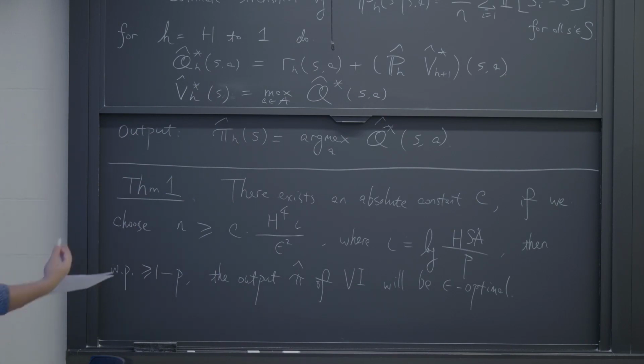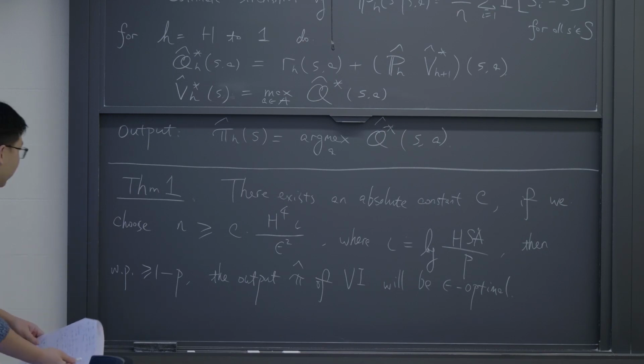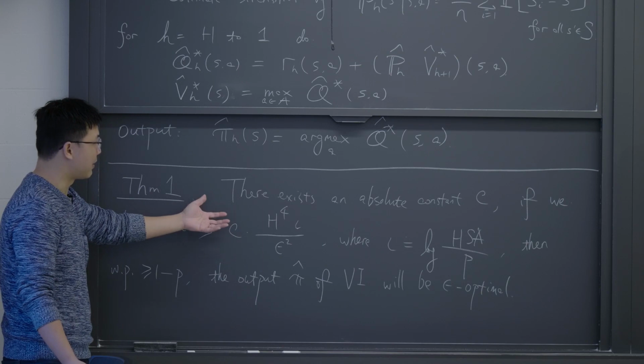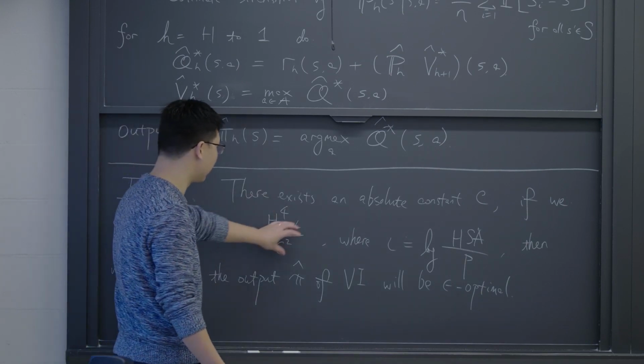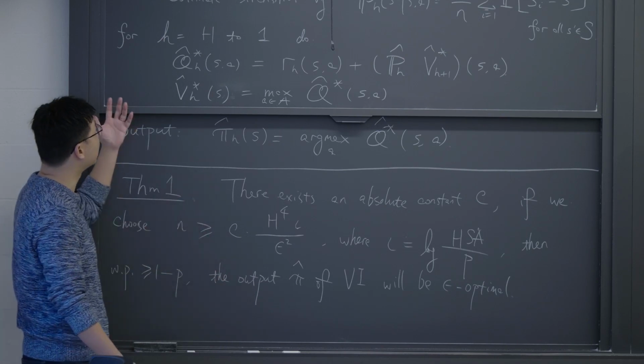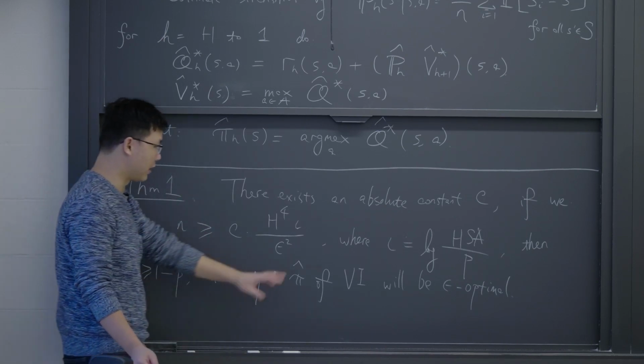So you can think this theorem actually not only says that when n goes to infinity, this is accurate. We actually give a precise bound. We essentially say when n is greater than some absolute constant times this amount, then we are guaranteed this output of the value iteration algorithm is actually epsilon optimal.